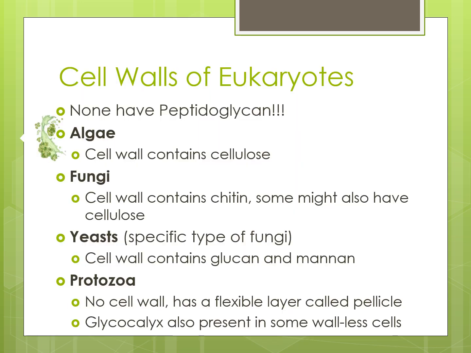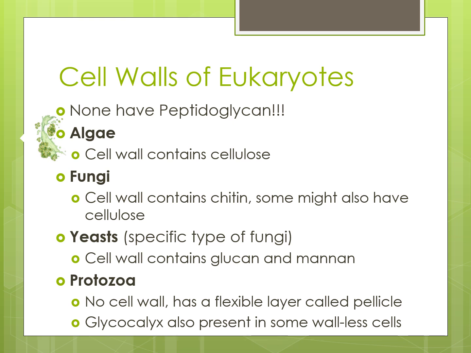So let's talk about the cell walls of eukaryotes. There are cell walls on some of our eukaryotic cells, but not all. For example, protozoans and animal cells do not have cell walls.